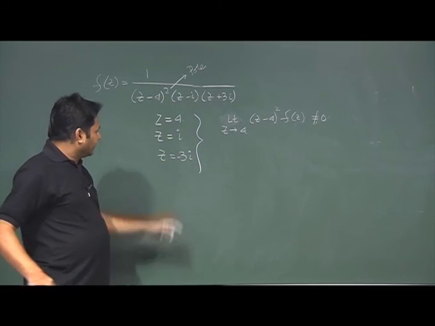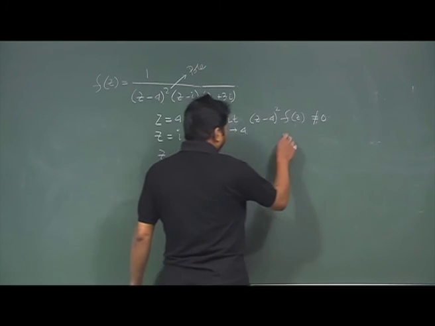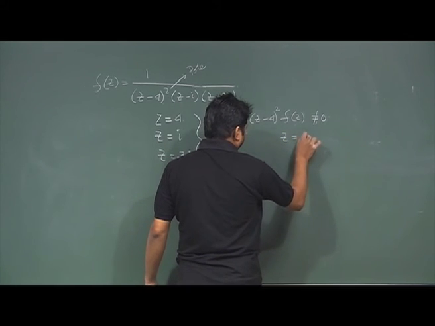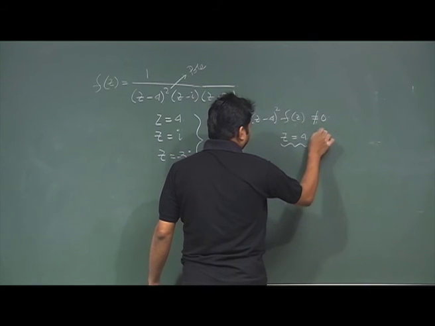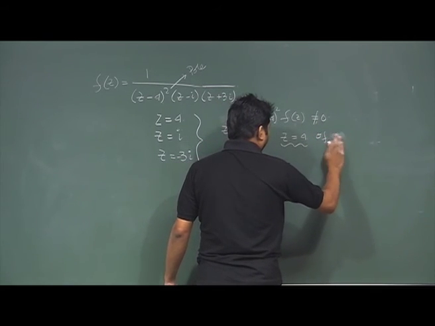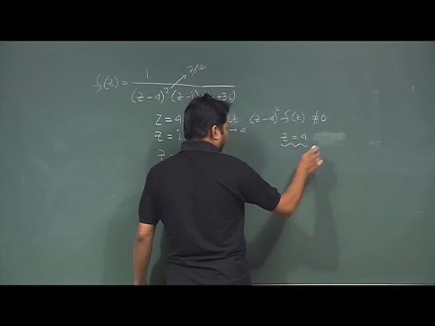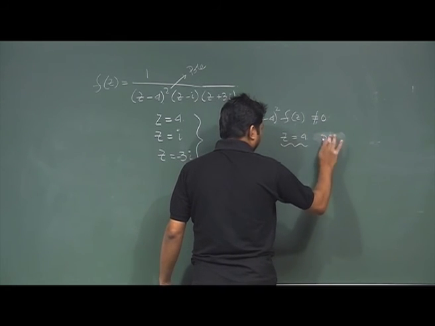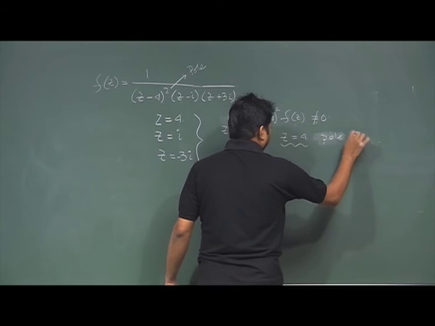So, here z equal to 4 is a pole of order 2.